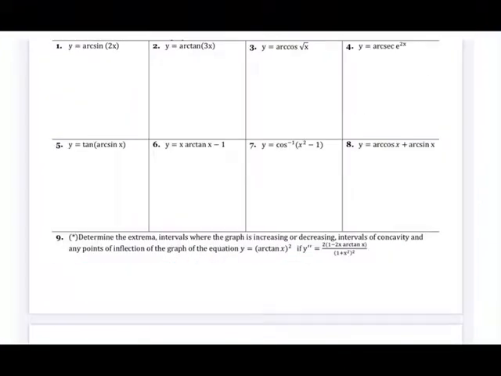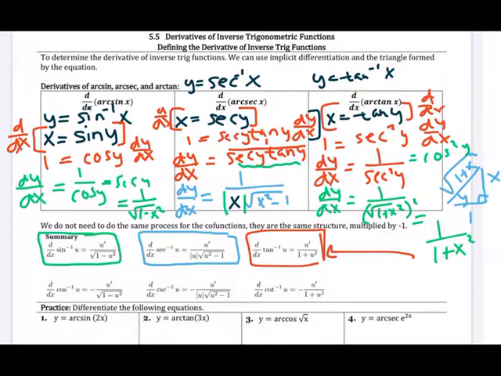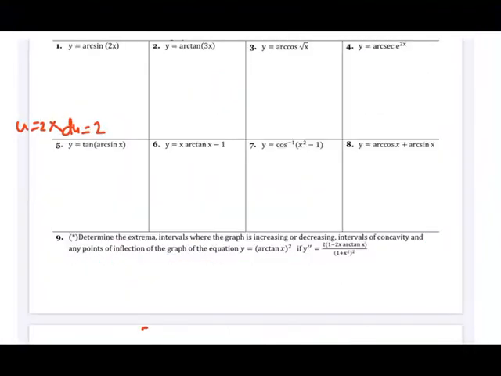All right, on number 1, the first thing I'm going to just point out, and again, some of you don't need me to point this out for you, is that u in this case is equal to 2x, which means that the derivative of the inside is going to be equal to 2. And that's going to come into play in the numerator if you look back at those boxes that we created for these derivatives.